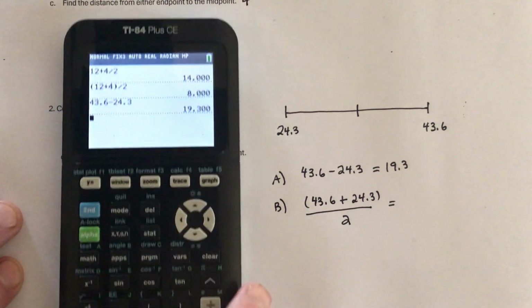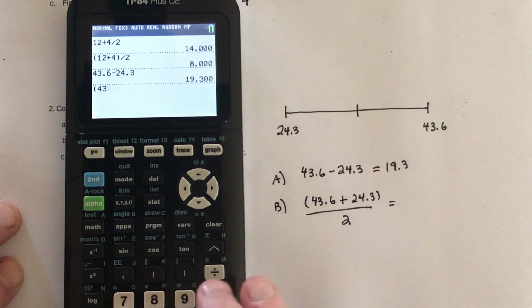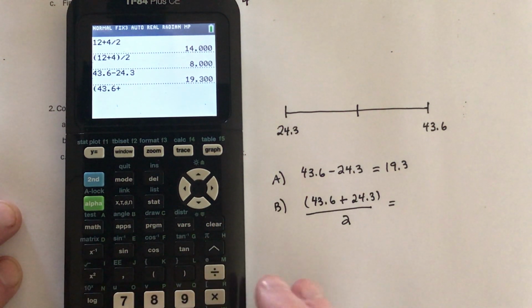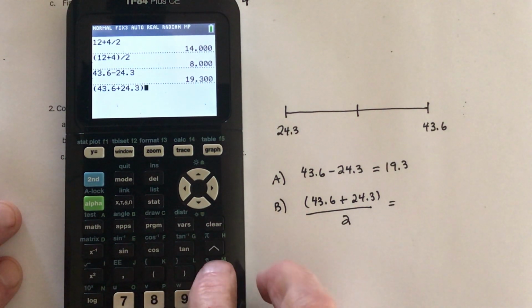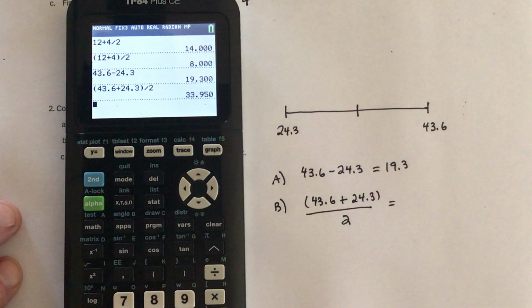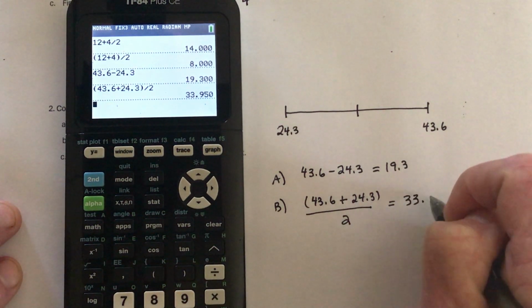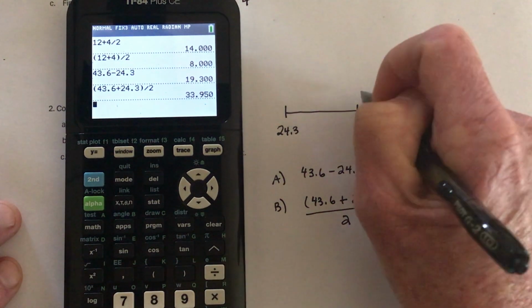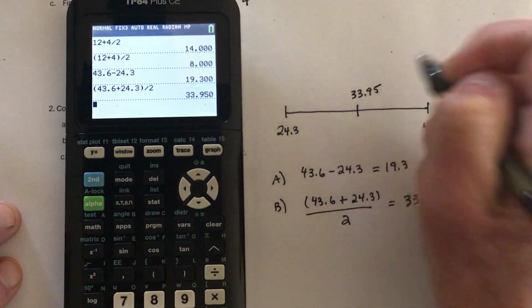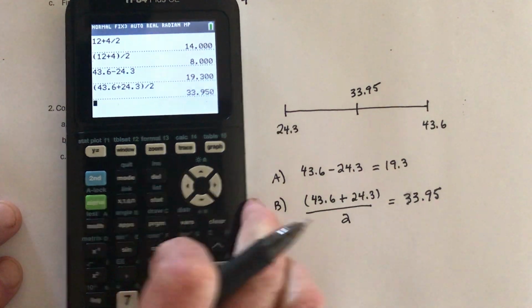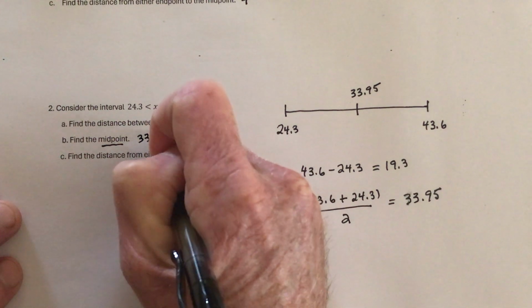So parentheses, 43.6 plus 24.3, parenthesis, divided by 2. That would be 33.95, is what's in the middle.